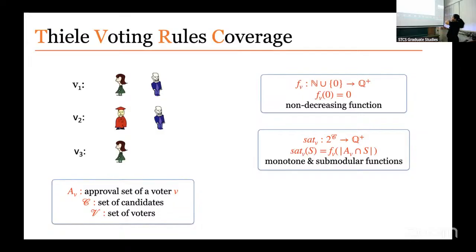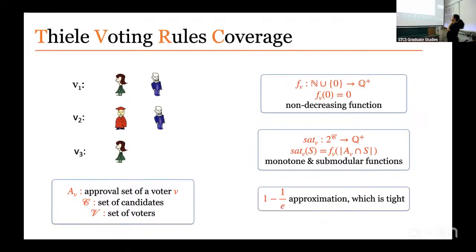If this is the function, then it is monotone and submodular, considering that it is non-decreasing. We don't need to go into why it is monotone submodular, you can believe me on that. But the point is that for this class of functions, we again have a 1 minus 1 by e approximation using the known greedy algorithm, which is also tight, as we know.